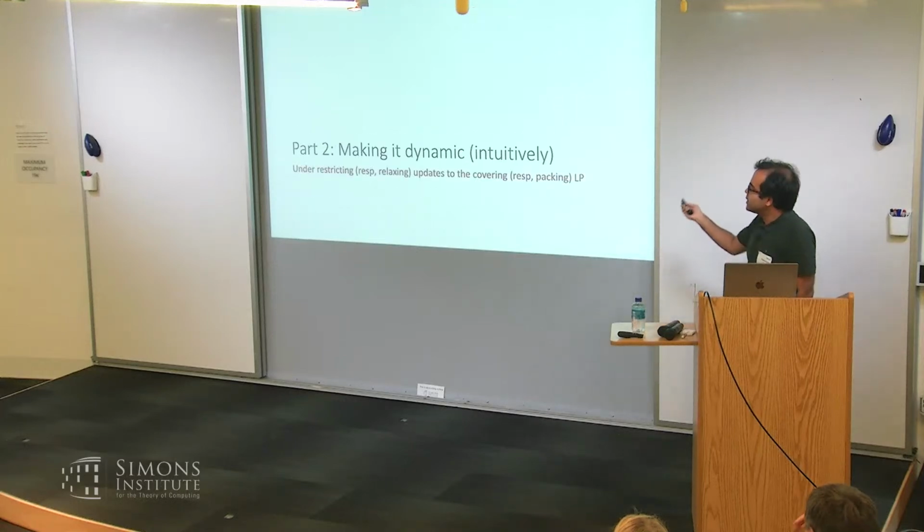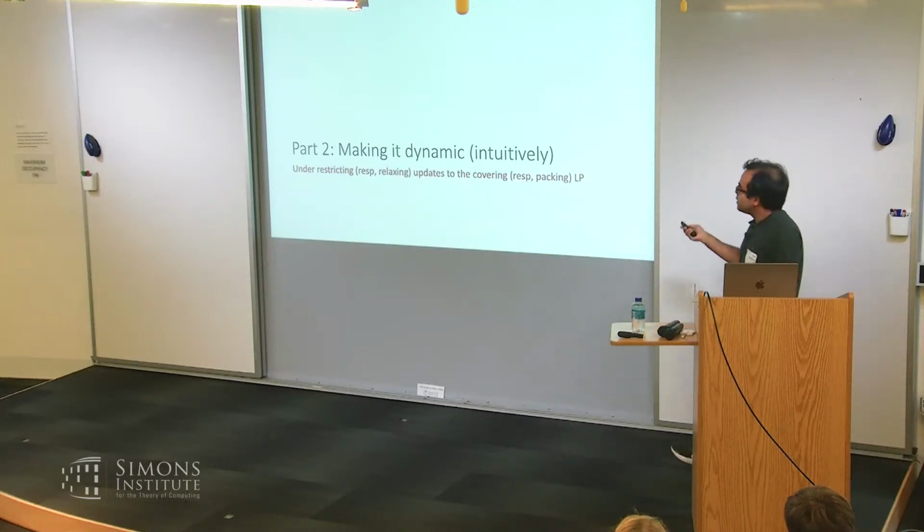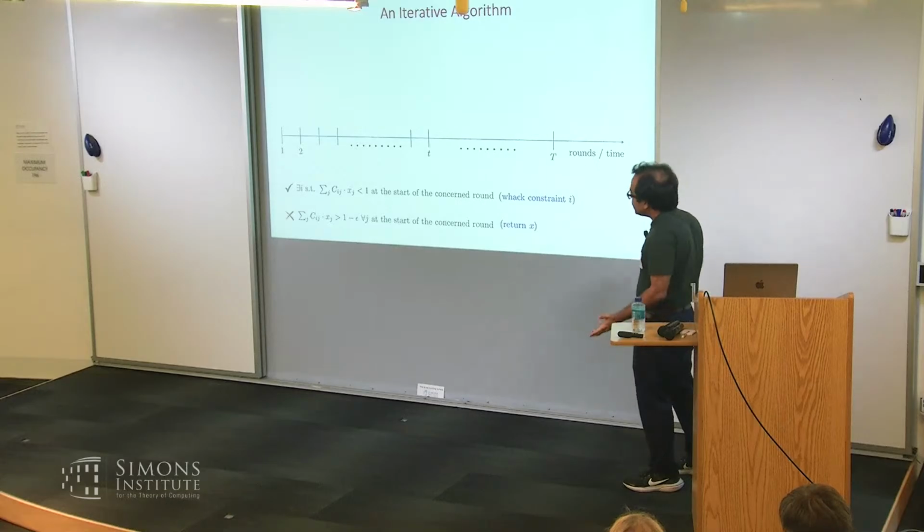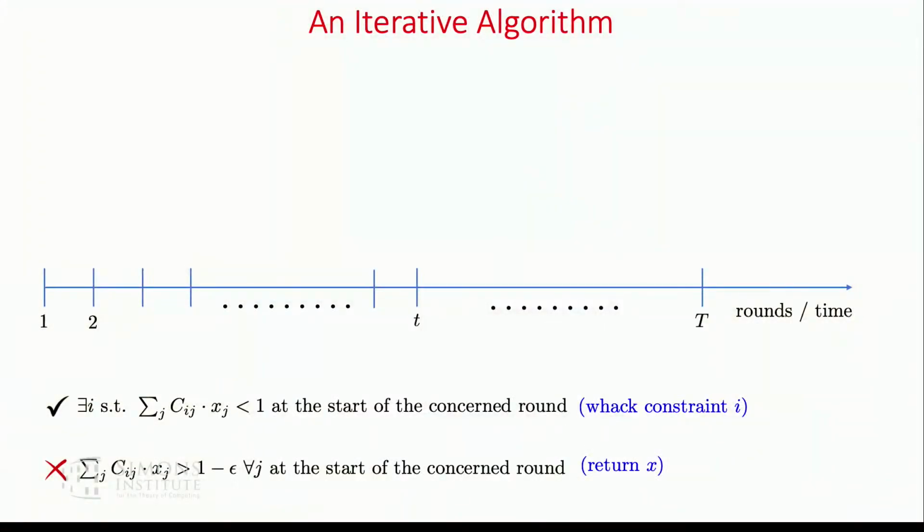Now, what is the main challenge here? The multiplicative weights update is essentially an iterative algorithm. So what it is doing is it's just running in rounds, just in the static setting. And in each round, it's just checking a condition. And the condition here is basically whether there exists some constraint, some element that is not yet covered.